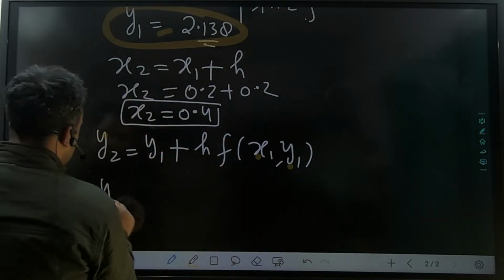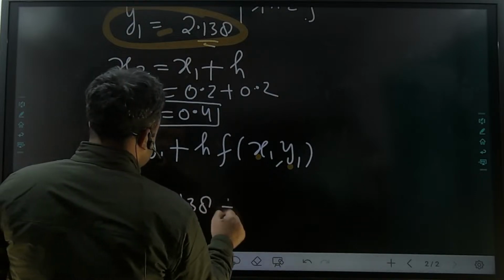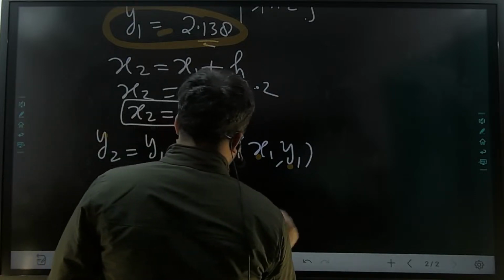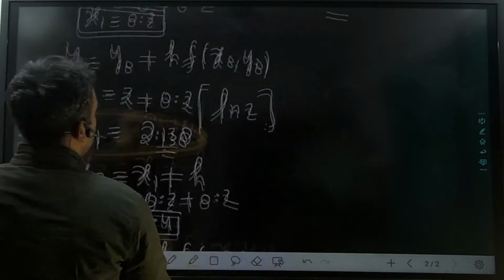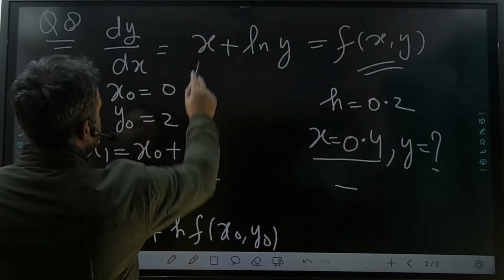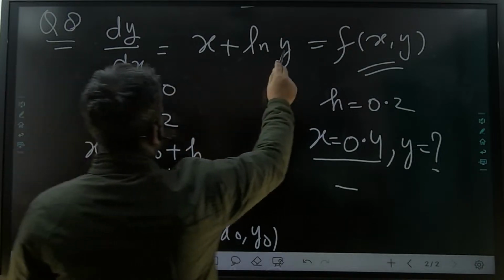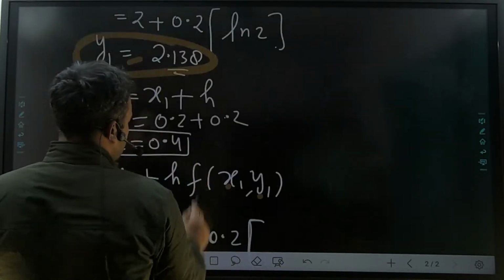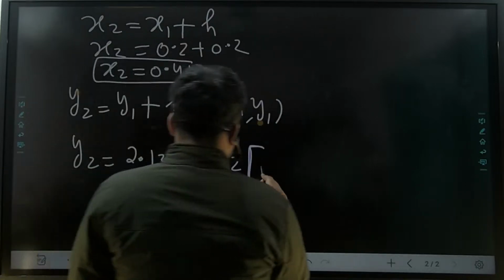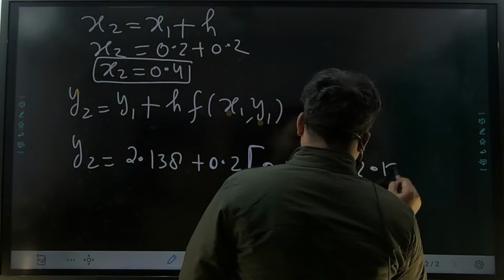So y2 is equal to y1, which is 2.138, plus step size 0.2 times the function value, which you have to calculate. Right? So what you will do? You will replace this x by x1 value, that is equal to 0.2, and y with y1 value, that is equal to 2.138. So if you do this, you will get 0.2 plus log of 2.138.